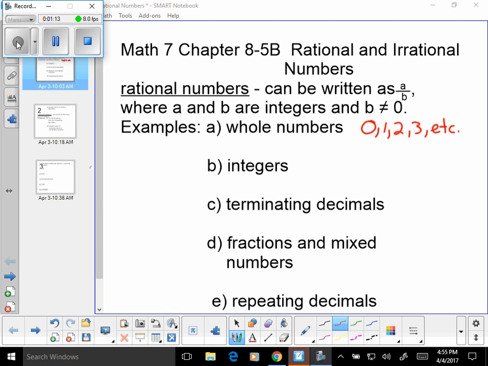You are also used to working with integers. You started working with them just a couple of years ago. Integers, if you recall, are what we call directed numbers or signed numbers. They would be numbers like 4 or -4, maybe a -7, a 5, etc. So they're your positive and negative numbers.